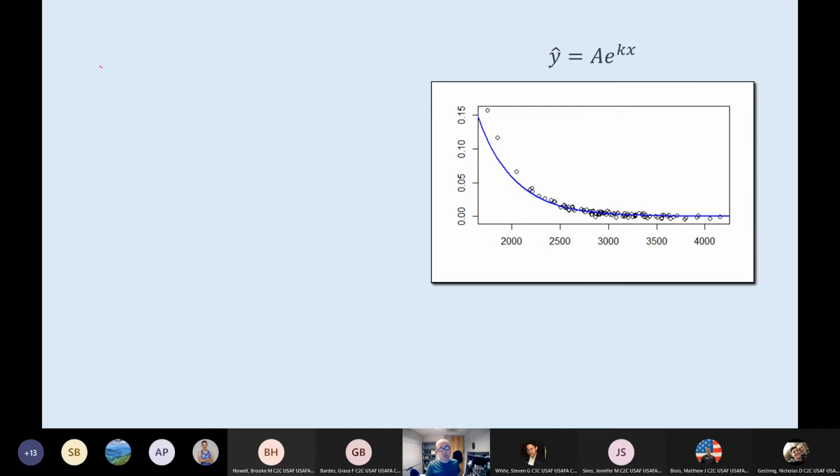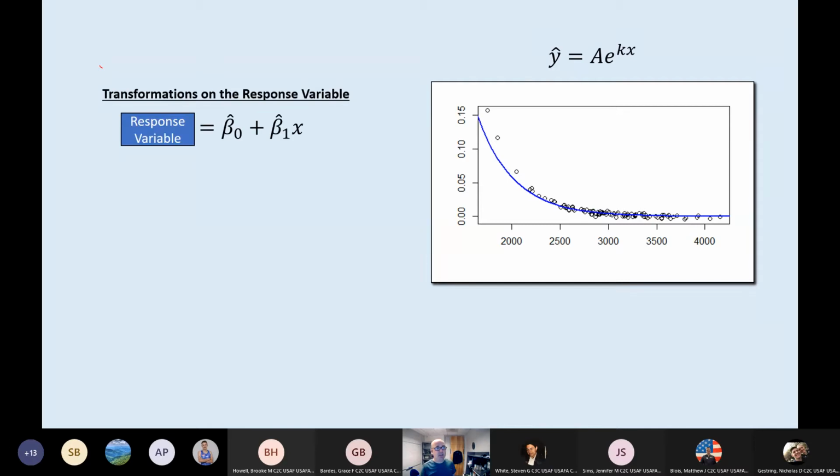So in this case, when we look at it and go, hey, that looks like an exponential relationship, then I can do a transformation, in this case, a logarithmic transformation on the response variable, saying there's not a linear relationship between the predictor variables and the response variable, but there is a linear relationship between the predictor variables and the log of the response variable.